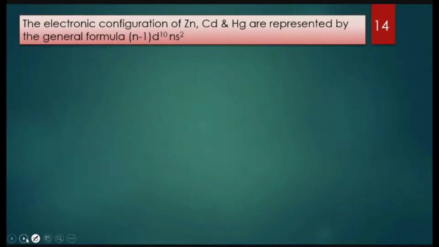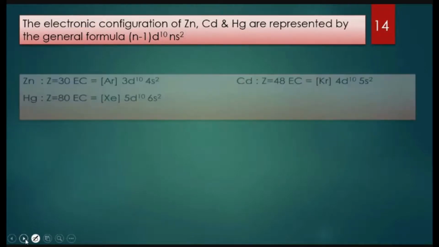The electronic configuration of zinc, cadmium and mercury are represented by the general formula n-1 d10 ns2. Carefully observe here. So n-1 d10 refers to having completely filled d orbital. ns2 also refers that the outermost s orbital is also completely filled.